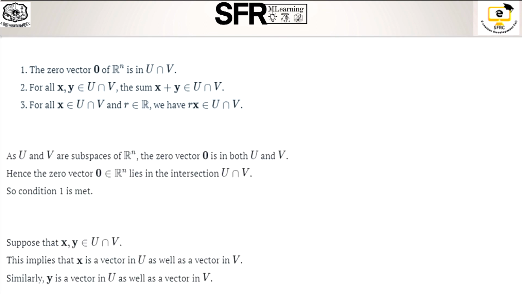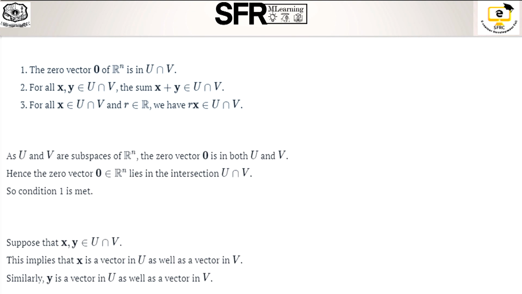Next slide. Subspace means we have to satisfy three conditions, that is, the zero vector, vector addition and scalar multiplication. Here also we have a non-empty set, therefore there exists an element, the zero vector.